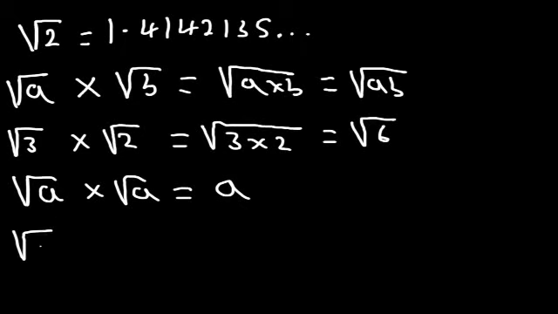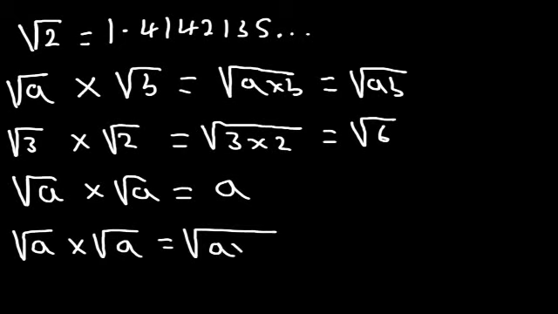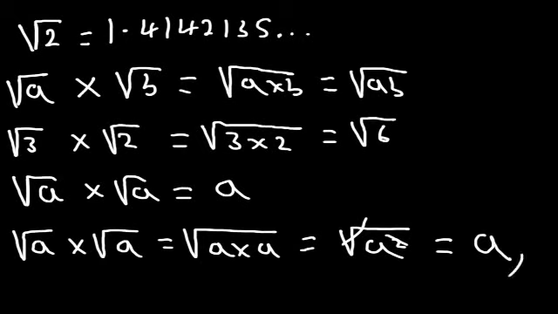Square root of a times square root of a will be equal to square root of a times a, and a times a is a squared. And we know that square and root cancel each other. At the end, I should have a as my final answer. So keep that in mind.